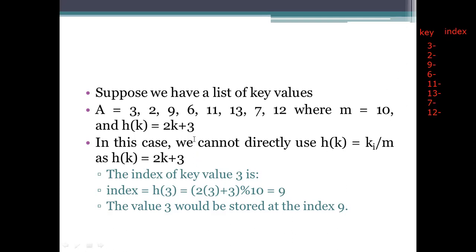Applying the formula 2k plus 3, that is 2 into 3 plus 3, which is 6 plus 3 equals 9, which is less than 10. So the value is stored at index 9.